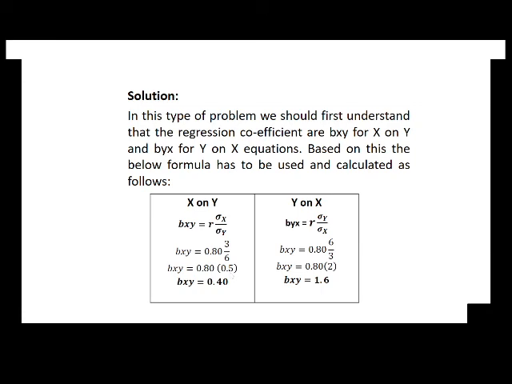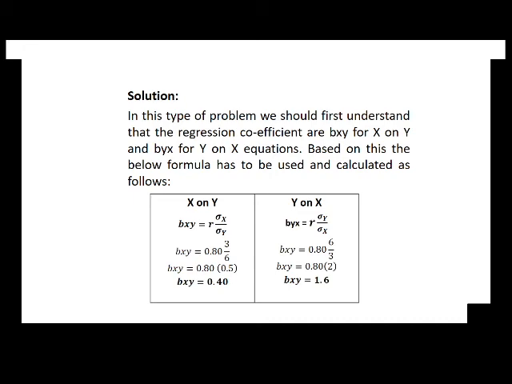This is a different type of problem. In this type of problem, we should first find out the regression coefficients, bxy for x on y and byx for y on x equations. Based on this, the below formula has to be used and calculated as follows.